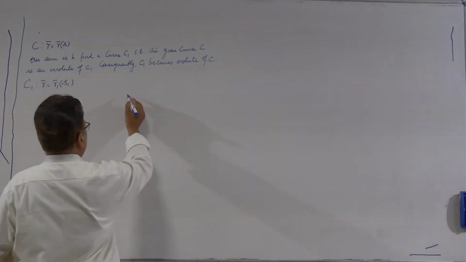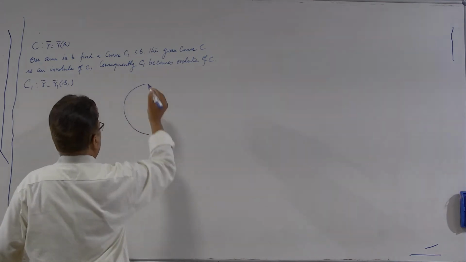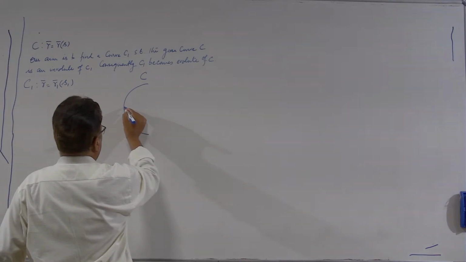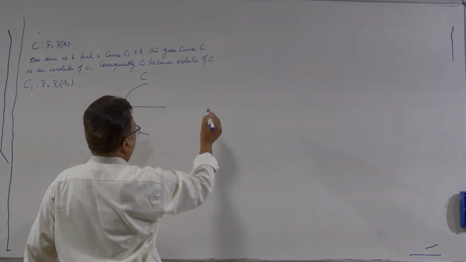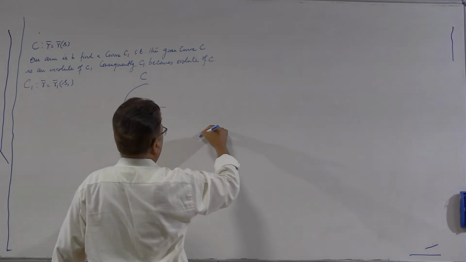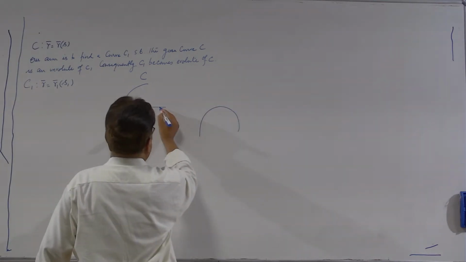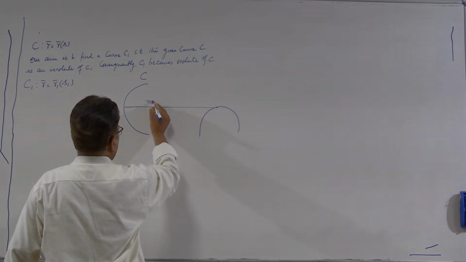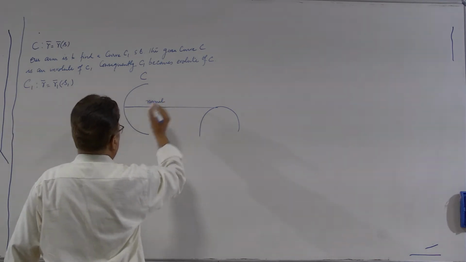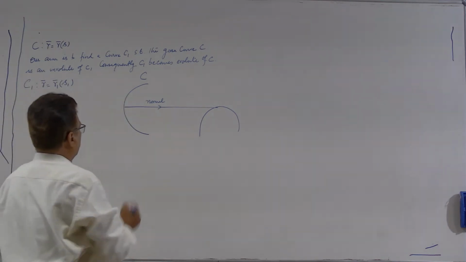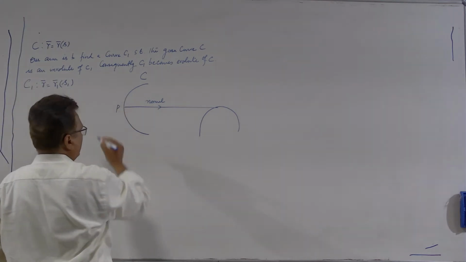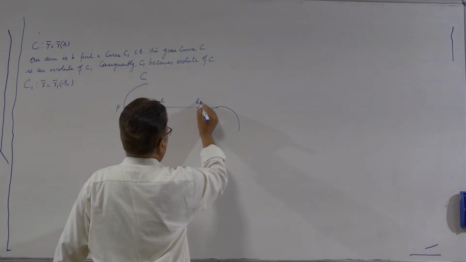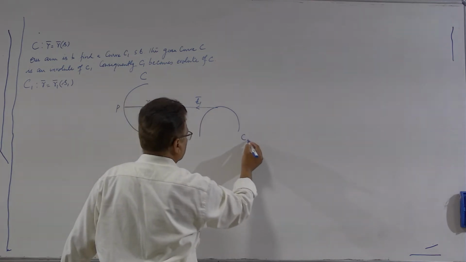So, suppose C is this curve and the normal of this curve will coincide with the tangent of C 1. So, this is the normal of C at a point P, and we want that it should coincide with the tangent T 1 of C 1. This is the curve C 1.